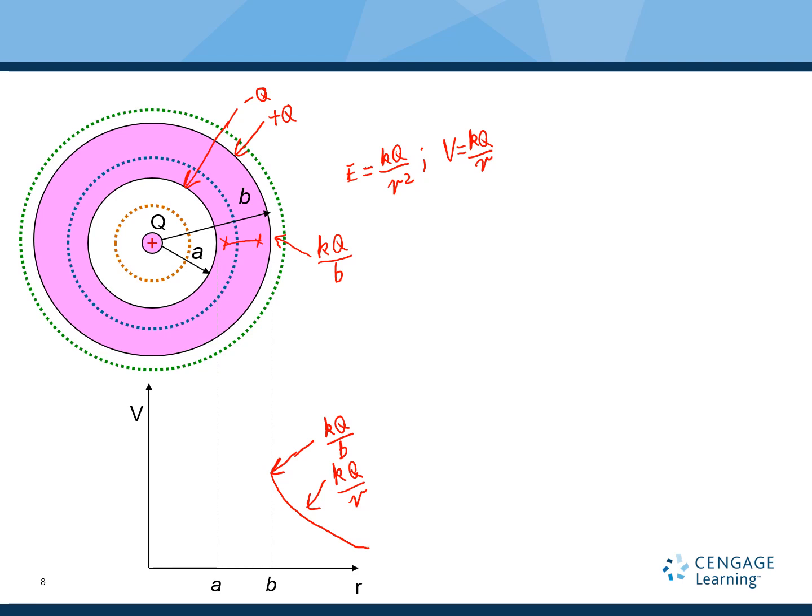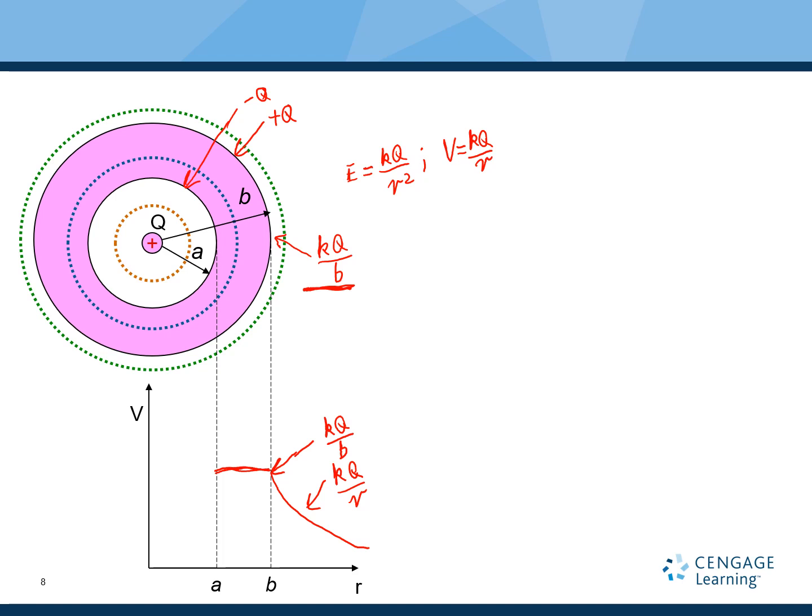And therefore, if we have 0 electric field, it stands to reason that there is 0 potential difference between this point out here and this point out here. We therefore realize that all points inside our conducting shell should have the same potential, and that potential should match up with the potential exactly at the surface of the conducting shell. So for all points inside the conducting shell, we have a constant potential out here.